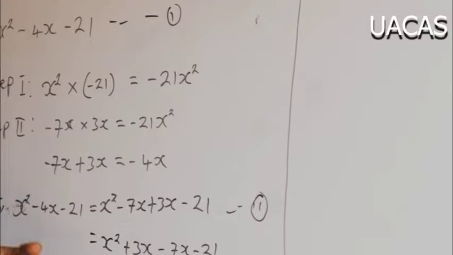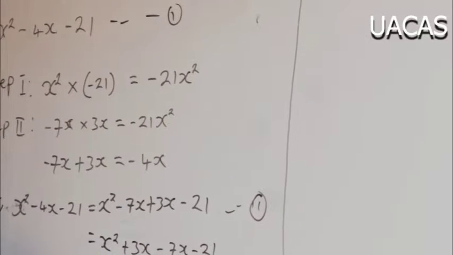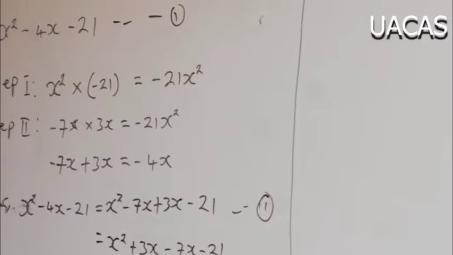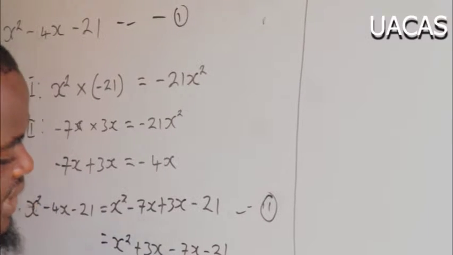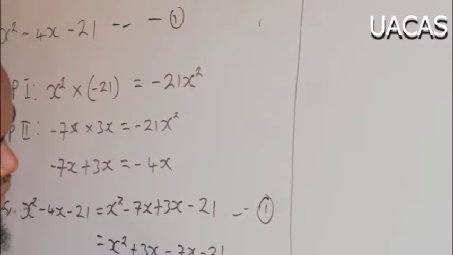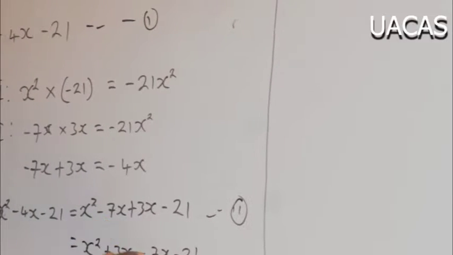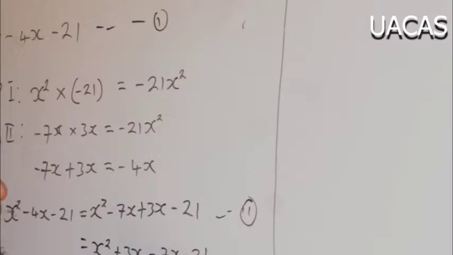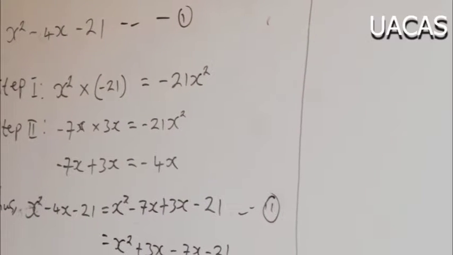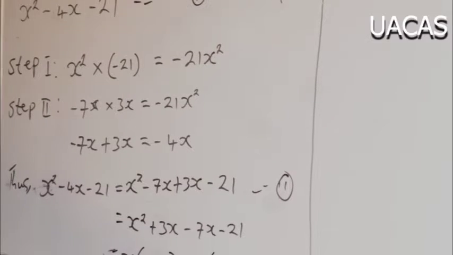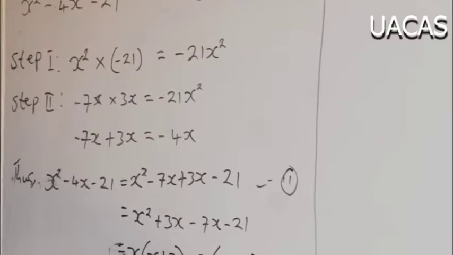That is, x times x will give me x squared, and x times 3 will give me 3x, minus 7x. Now look at something here. Something has changed: plus 3. If you look at it very well, you will notice that this minus has changed to plus.